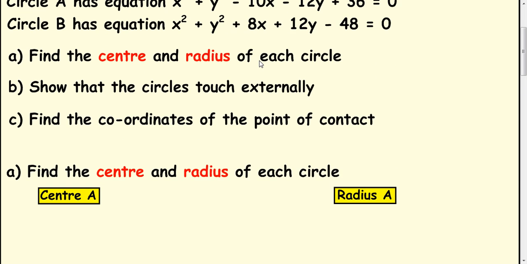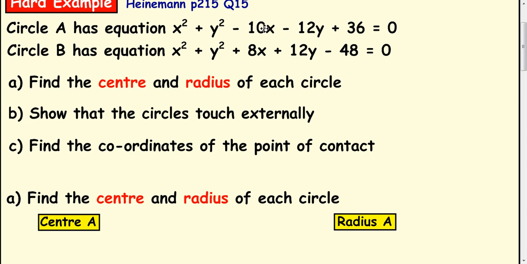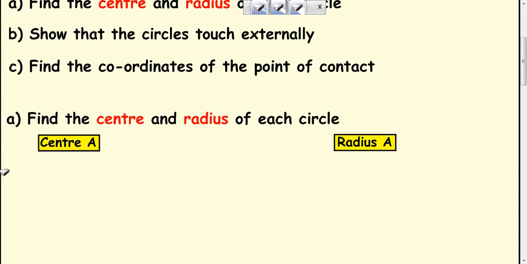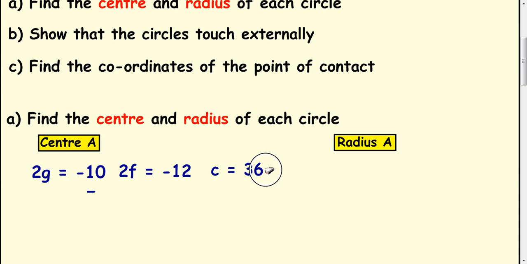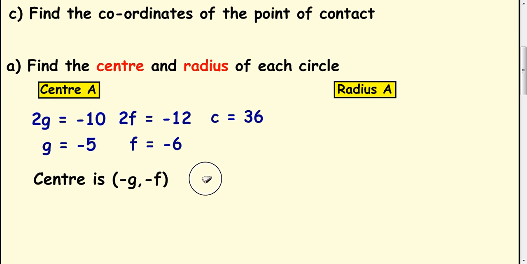So the first equation, you're going to get 2g equals negative 10 and 2f equals negative 12 and c is 36. That means g is negative 5, f is negative 6. Centre is negative g, negative f, so it's going to be 5, 6.